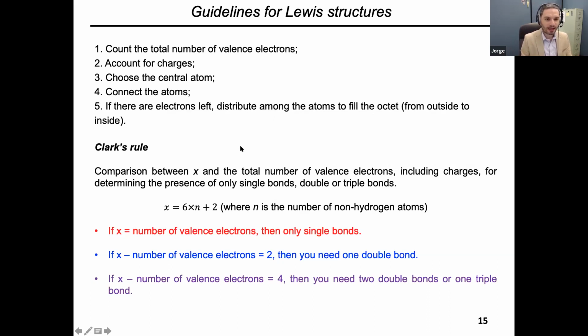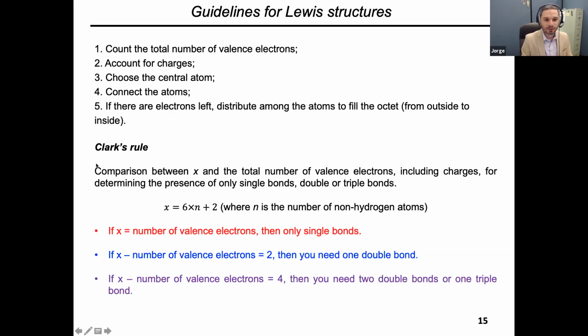Okay, and here, let me show you the Clark's rule. The Clark's rule is really, really useful, and it will tell us if we have only single bonds, a double bond in the compound, or a triple bond.